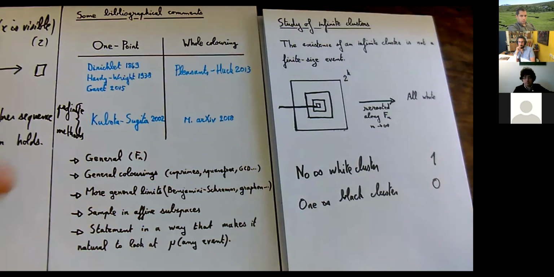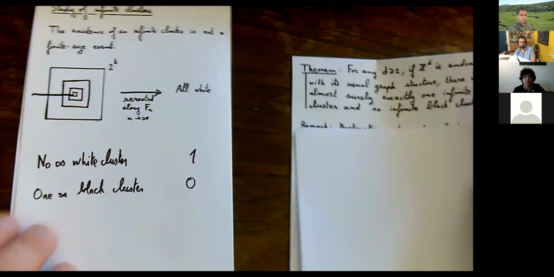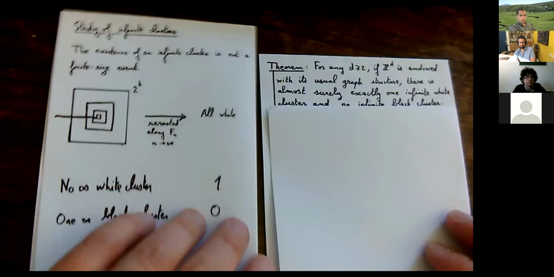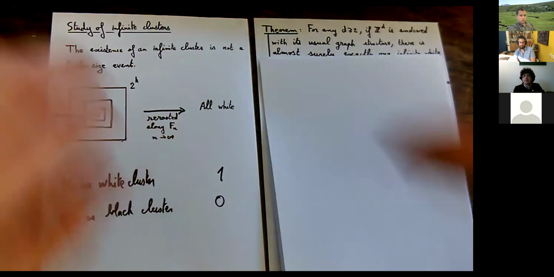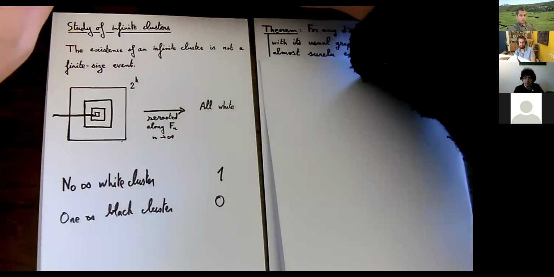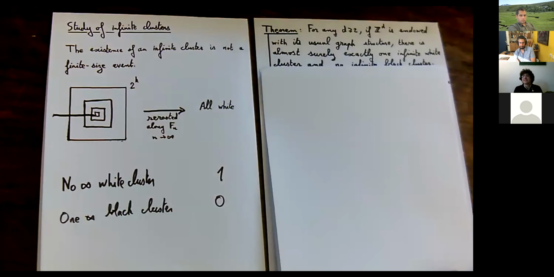And now the theorem, second theorem I want to discuss today, so second and last theorem, is that for any d larger than or equal to 2, if Z^d is endowed with its usual graph structure, then there is almost surely exactly one infinite white cluster and no infinite black cluster.